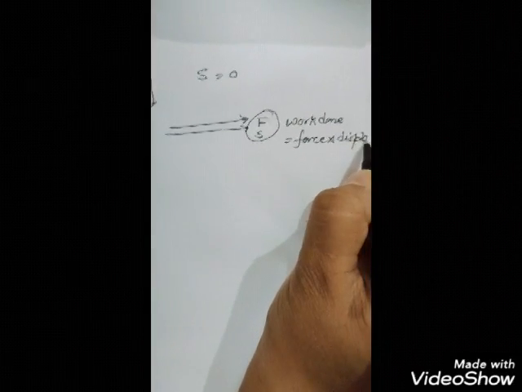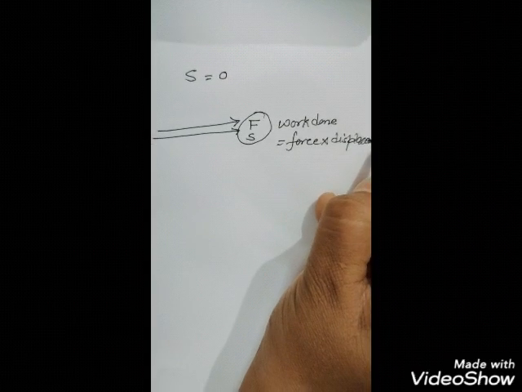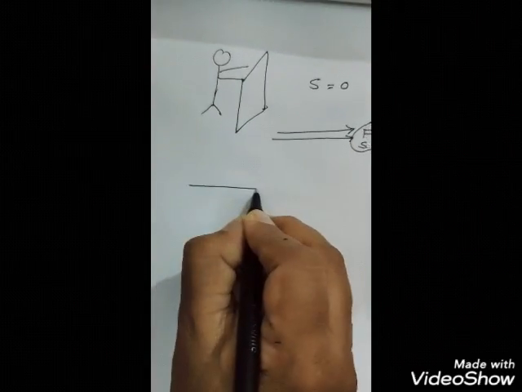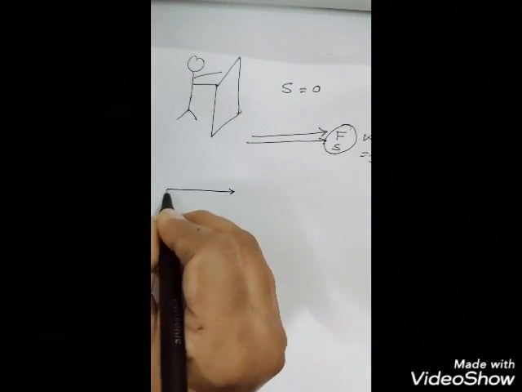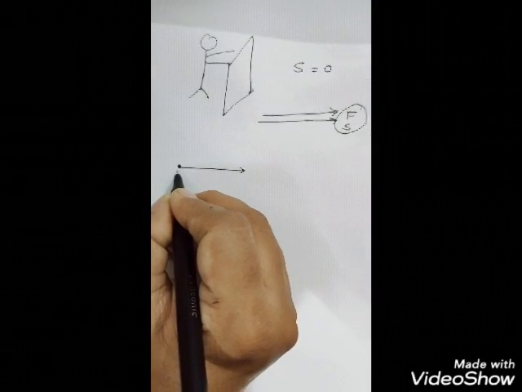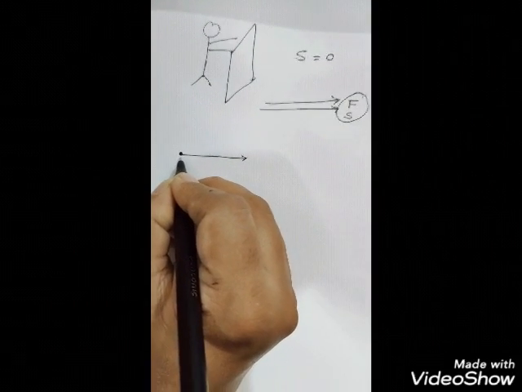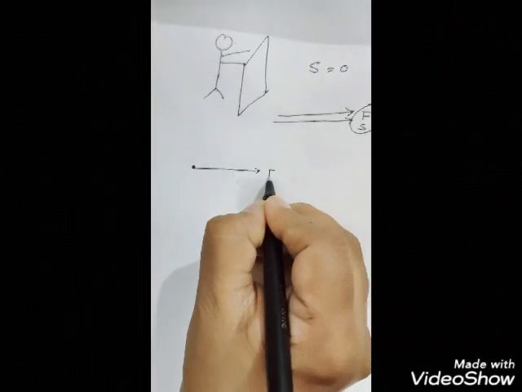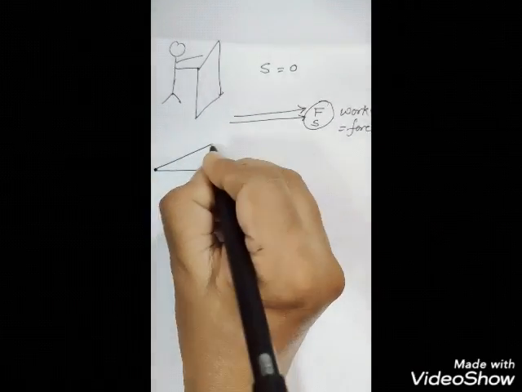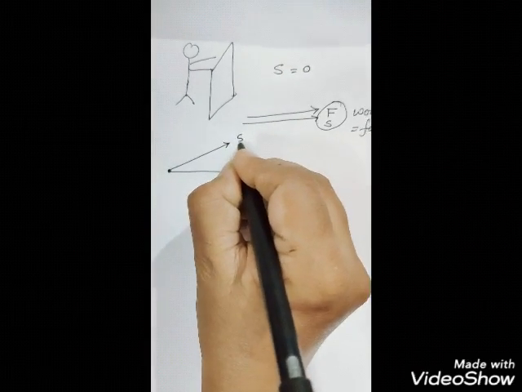Okay, but you will see here, suppose a force is applied in this direction on the object. Suppose this is the object, a point size object, and the force is applied in this direction. Okay, but the displacement takes place in this direction.